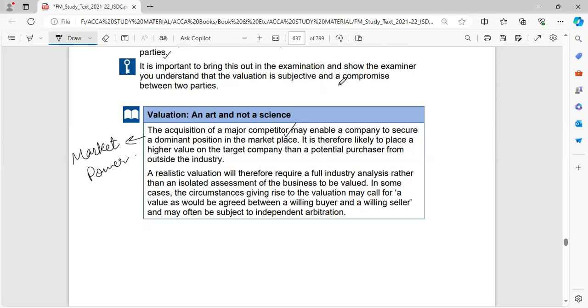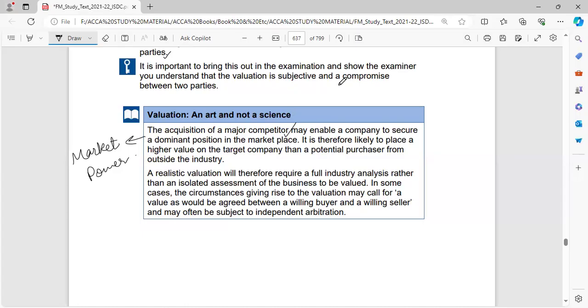It's a small company in comparison, and they are willing to sell their business operations to us. Then it is definitely not a forced acquisition where someone is trying to acquire us. So in this case, what will happen?